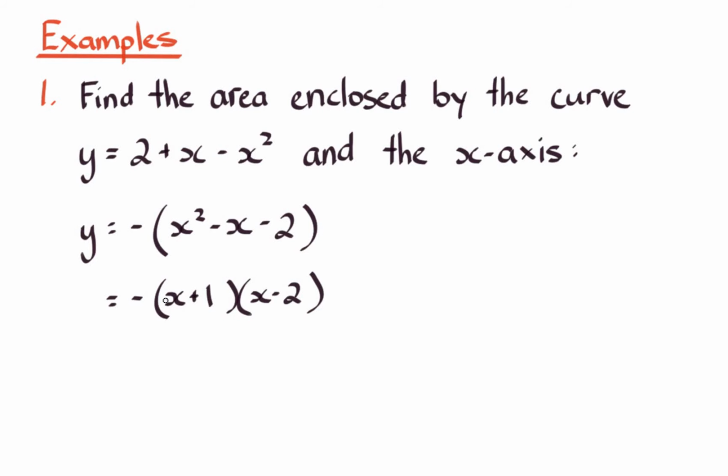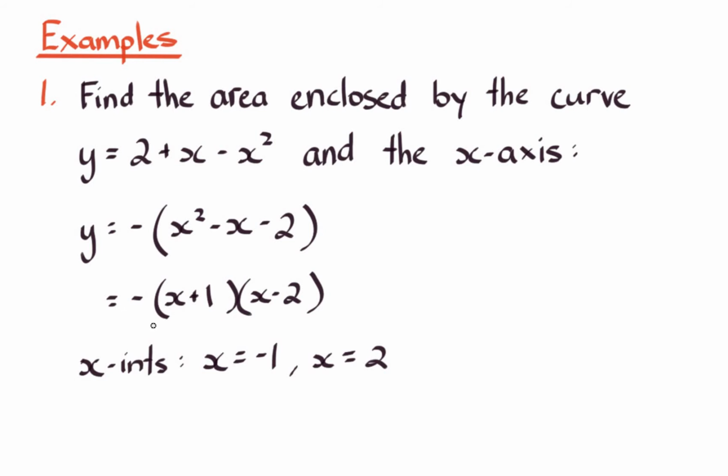Okay, so now that we've expressed our parabola like this, we can graph it. We have x-intercepts at x equals negative 1, right? If we set this first bracket equal to 0, and 2 if we set this second bracket equal to 0.